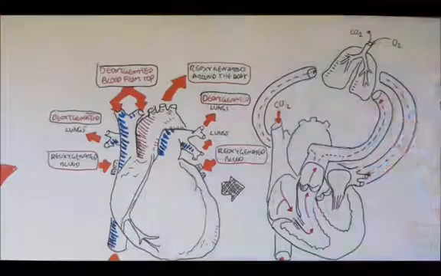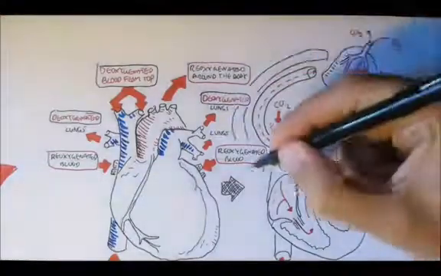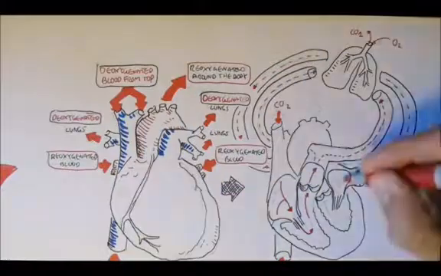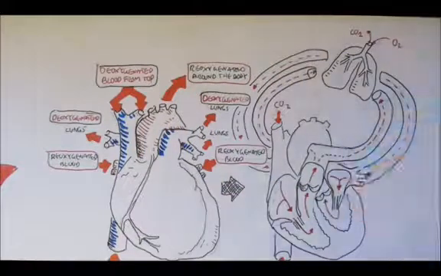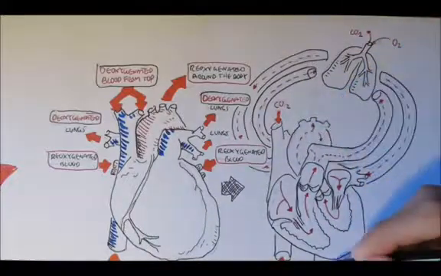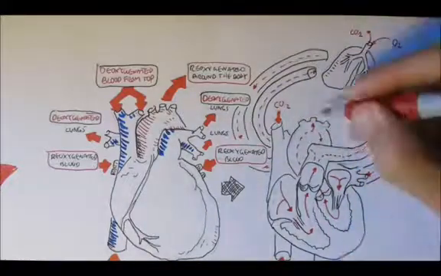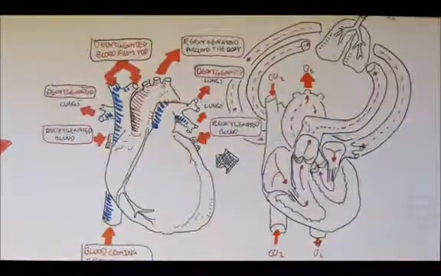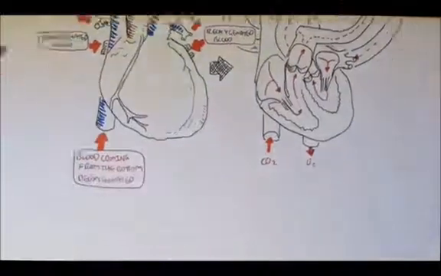So now this reoxygenated blood supply will return back to the heart from the left side. It will come through this chamber, go down this chamber, and will be pumped again for the second time around the whole body through the aorta. So this oxygenated blood will be pumped out of the heart through the aorta to the whole body to supply the body.